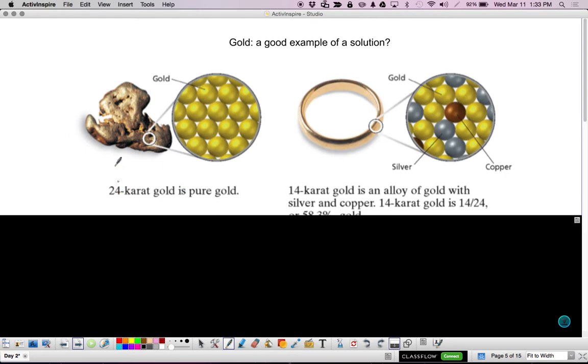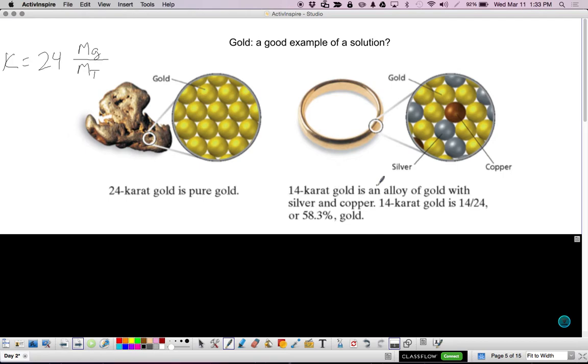The karat scale is set up as 24 times the mass of pure gold over the total mass. If your mass of pure gold equals the total mass, as in it's pure gold, you multiply that by 24 and you get 24 karat gold. If you're about half gold, you'd be about 12 karats.